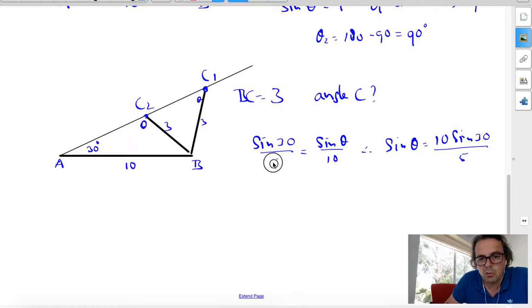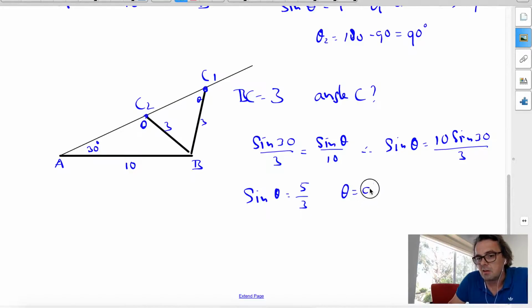We're no longer working with 5, we said 3, sorry about that. BC equals 3, so sine 30 over 3. Sine 30 is 1/2, 1/2 times 10 is 5, 5 over 3. So the sine of theta is 5 over 3, which is a fraction bigger than 1.